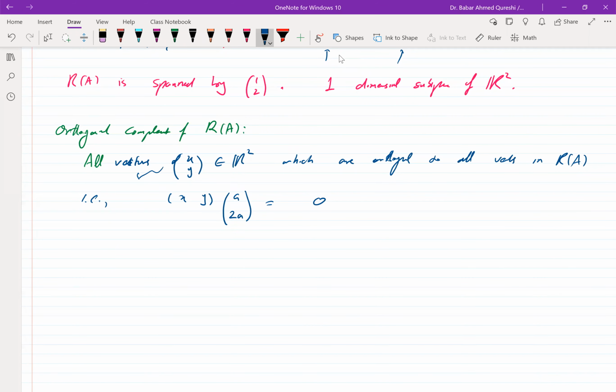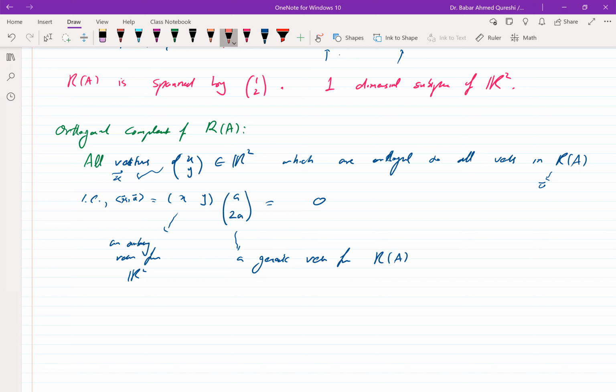If I write this as some arbitrary vector, and the vectors here I write as v, I'm demanding that the scalar product is 0, where this is an arbitrary vector from R2, and this is a generic vector from this column space.